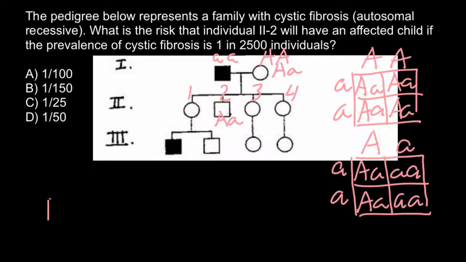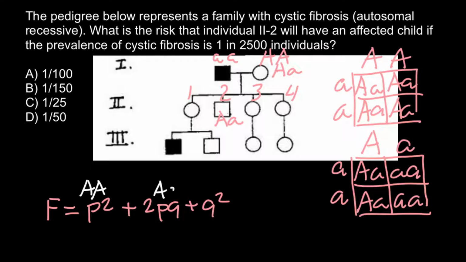The frequency of 3 genotypes and 2 phenotypes equals p squared plus 2pq plus q squared. In this formula, p squared stands for the homozygous dominant genotype, 2pq stands for the heterozygous genotype, and q squared stands for the homozygous recessive genotype.